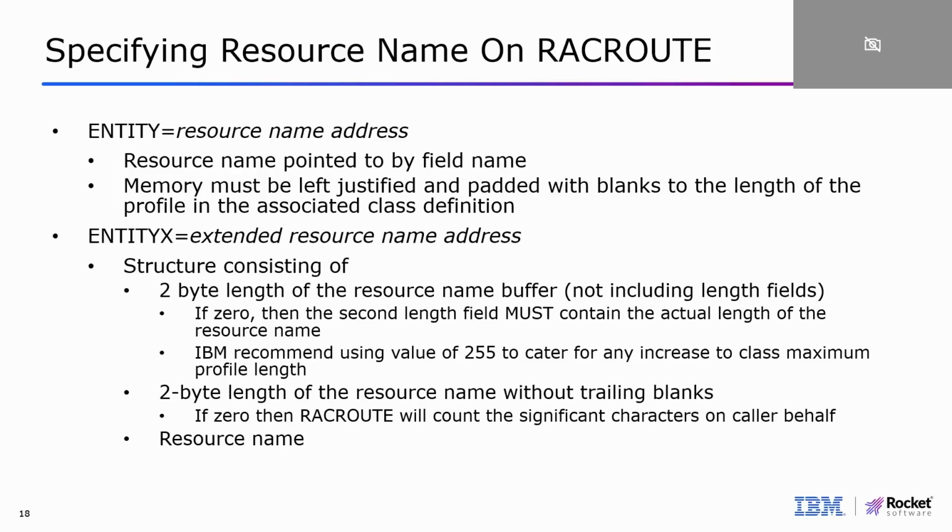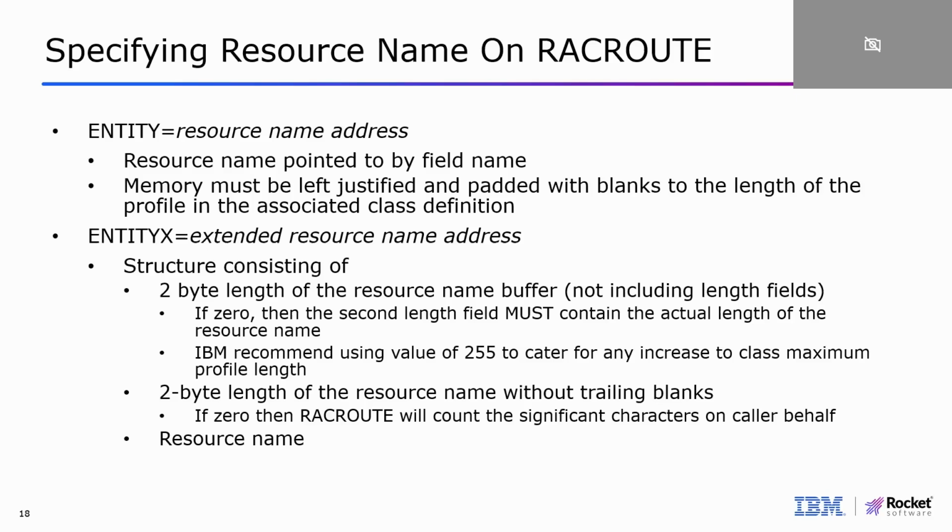A more modern way now is the ENTITYX keyword, where it points to a structure where you have a 2-byte length field of a buffer, including a subsequent second 2-byte length field of the resource name if you have worked out how long it is. If you leave that at 0, RACROUTE will do it for you.